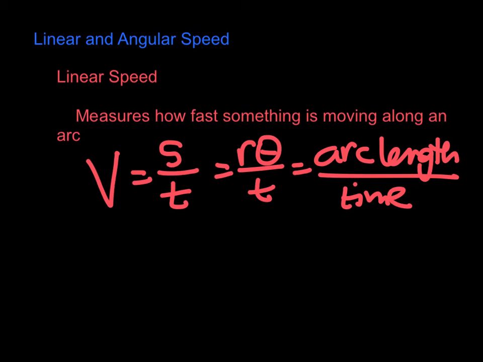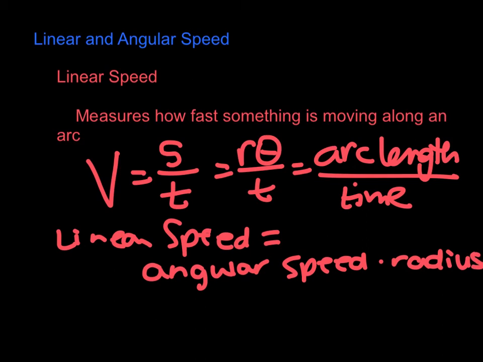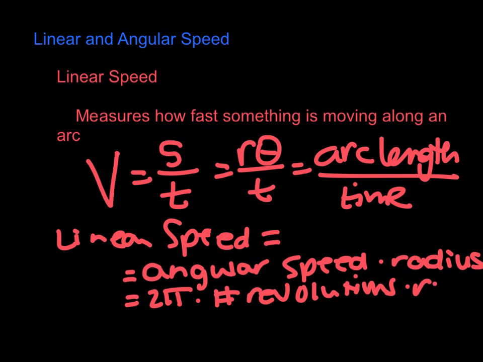Here are some other ways to think of it as you're doing problems. Your linear speed is going to be your angular speed, which we're going to talk about, times your radius. Or think of it as 2 pi times your number of revolutions times your radius.